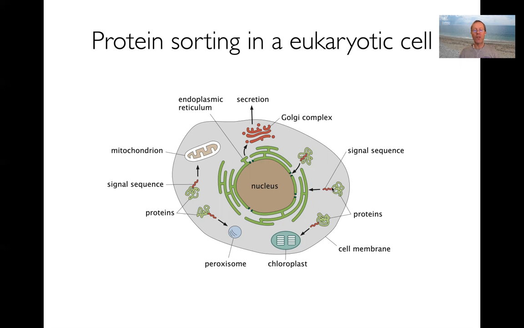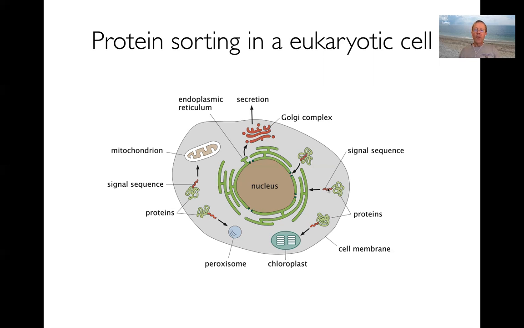So signal sequences that target proteins to the endoplasmic reticulum for eventual secretion have one kind of design. Targeting sequences that target proteins to chloroplasts look different. So do mitochondrial targeting sequences and peroxisomal targeting sequences. So they're all distinct, but they have in common that they are all fairly short, and they're almost always attached to the terminus of the protein, mostly the N-terminus, but in some cases also the C-terminus.